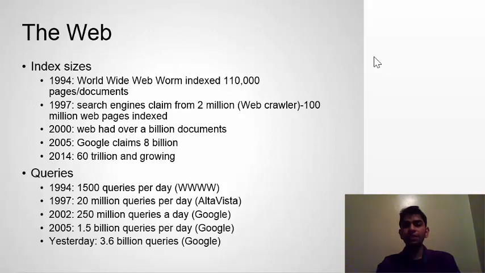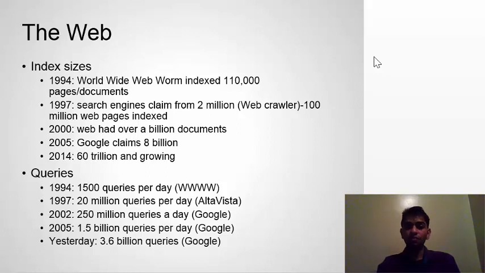In 1997, top search engines claimed to have over 2 million to 100 million web pages. In 2000, the web had indexed over 1 billion web pages.